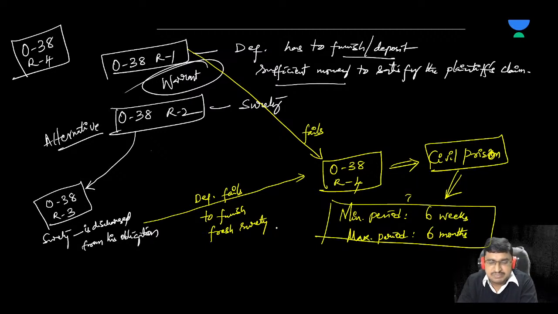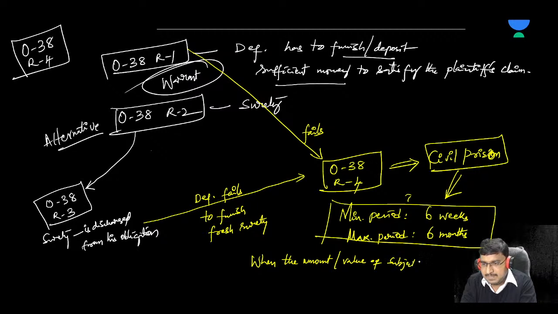When the amount due by the defendant to the plaintiff or the value of the subject matter does not exceed 50 rupees, there is no civil prison, friends.